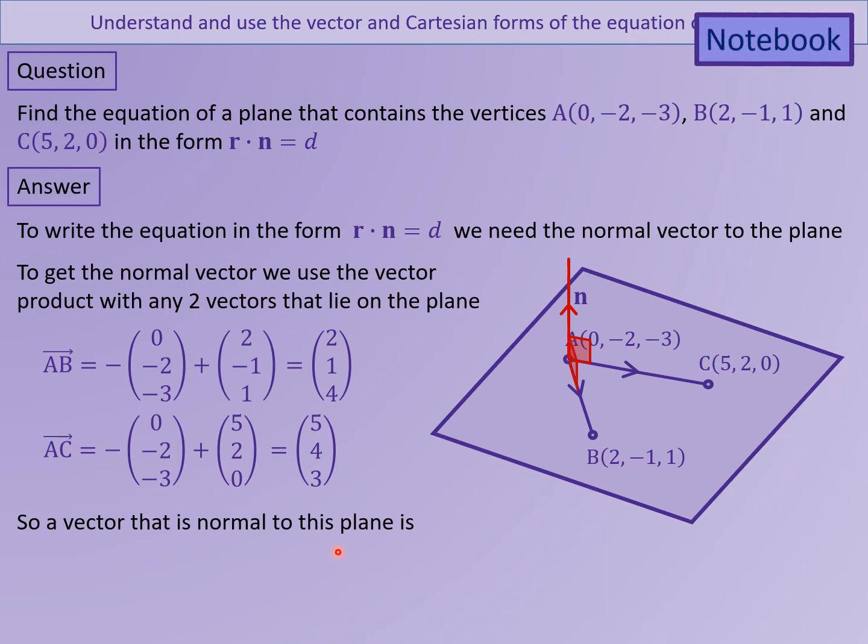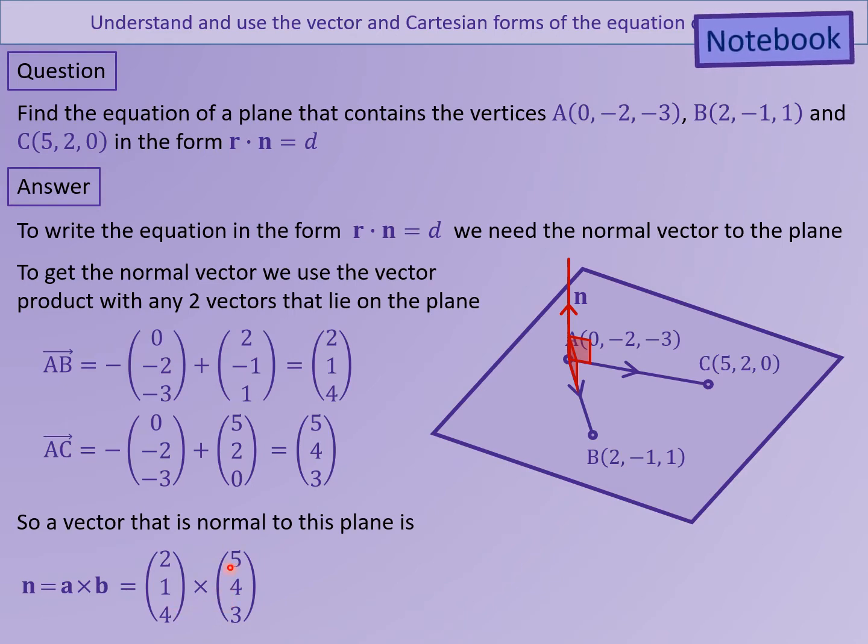I can calculate that using the vector product, which is just going to be A crossed with B. At this point, hopefully you're skilled enough to be able to do it yourselves. You could use your calculator if you had to. I'll do that times that, plus that times that, so minus that times that.